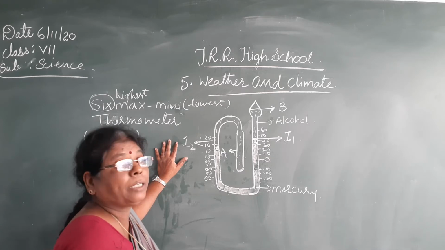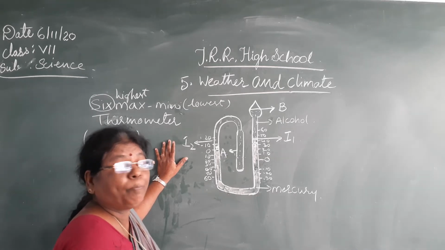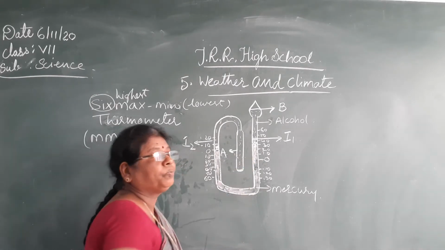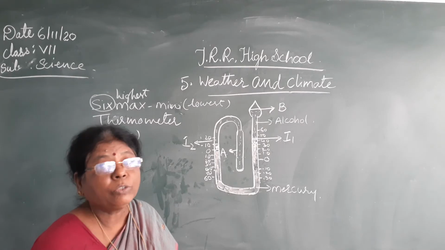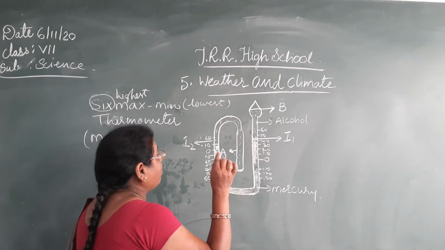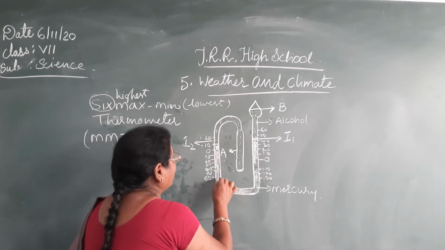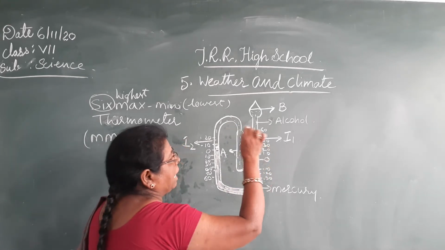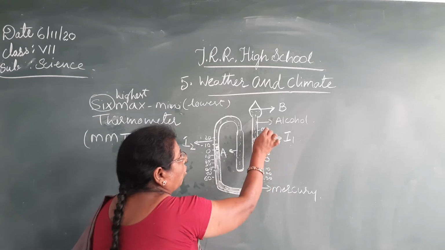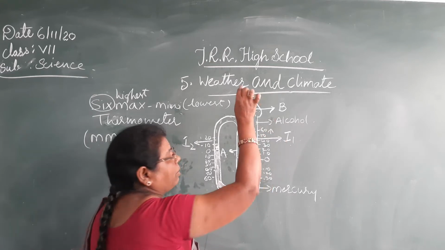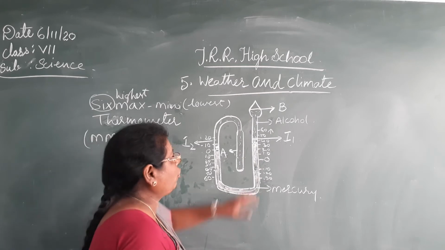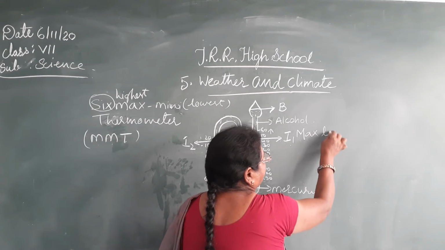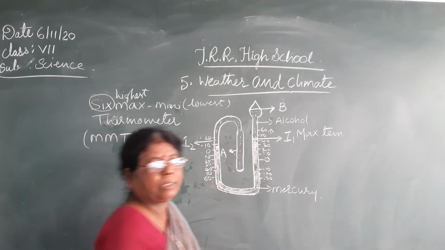Now, when the temperature increases, the alcohol in bulb A expands. So what happens? The I2 pushes the mercury into the bulb B side, and the I1 indicator also moves up and shows you the maximum temperature, isn't it?